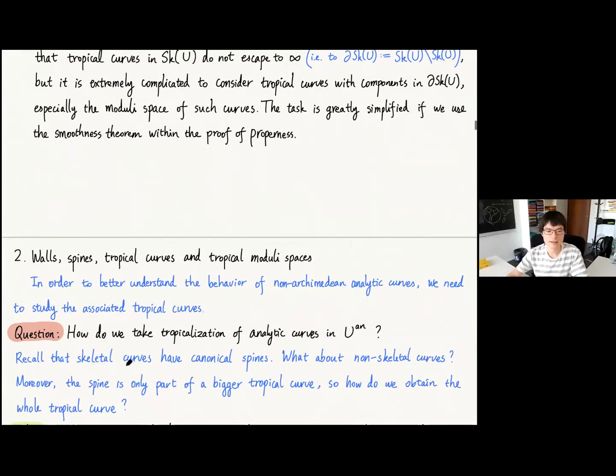Recall that skeletal curves have canonical spines. Then what about non-skeletal curves? Moreover, the spine is only part of a bigger tropical curve. So how do we obtain the whole tropical curve?